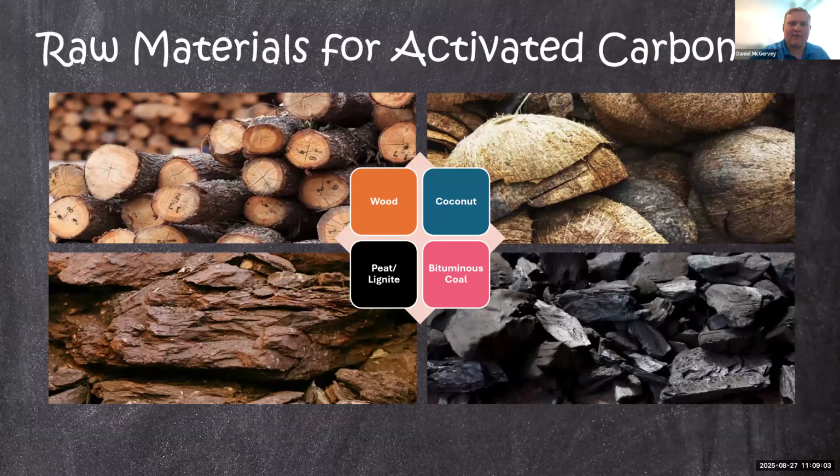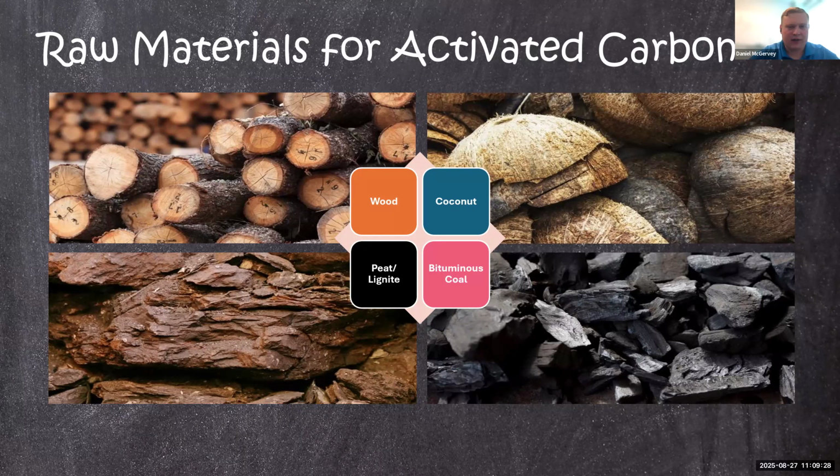So again, there are some differences in raw materials for activated carbon that can have differences in how they actually impact performance. There's things like wood and coconut, peat or lignite, and then bituminous coal. All of these have their differences in that pore structure. Again, I mentioned those transport pores or highways and adsorption pores or parking lots.